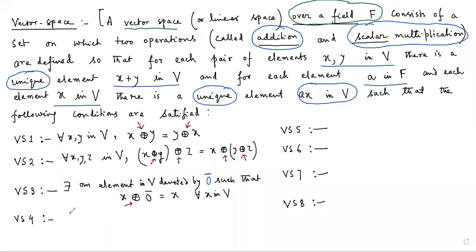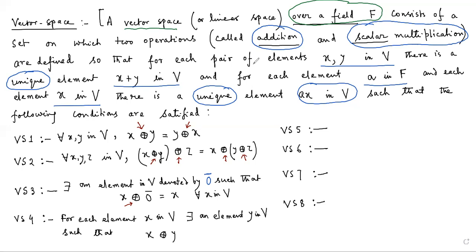Fourth property is for each element x in V, there exists an element y in V such that x plus y is equal to 0 bar. I am highlighting this notation here also.